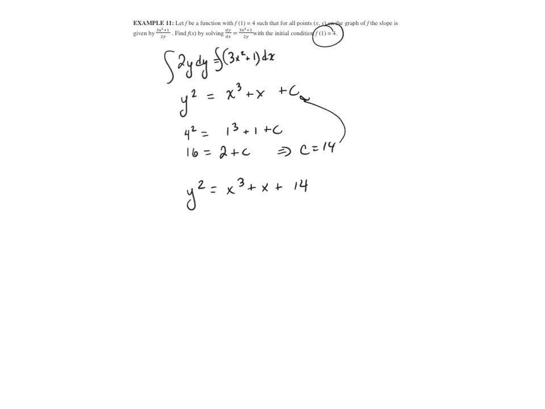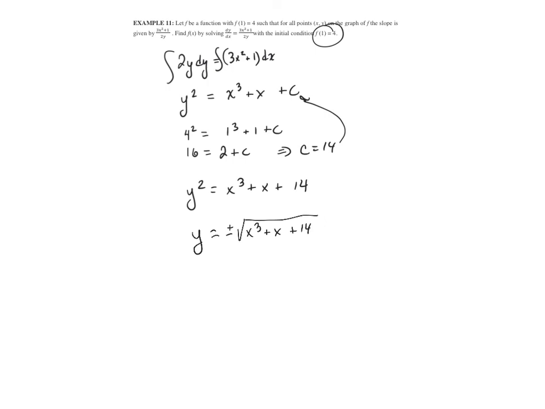And now if we put that right in there, we can say y squared equals x cubed plus x plus 14. And that would be great if they were asking us to solve for y squared, but they're actually asking us to solve for y, so we have to take square roots of both sides. Now, when we do that, you have to be careful, going back to your Algebra 1 knowledge, when you take square roots of both sides, you have to acknowledge that there's a positive and negative root. So we get plus or minus the square root of x cubed plus x plus 14, but it's inappropriate to leave this ambiguity as far as whether we're going to take the positive root or the negative root.